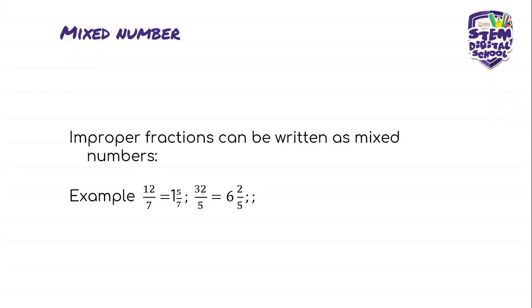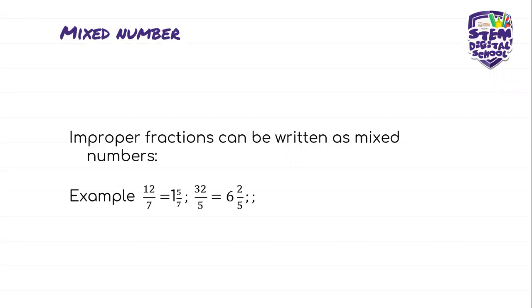Example, we have 12 over 7, and if you want to simplify this, 7 into 12 goes only once, and then the remainder is 5 over 7. The other example is 32 over 5.